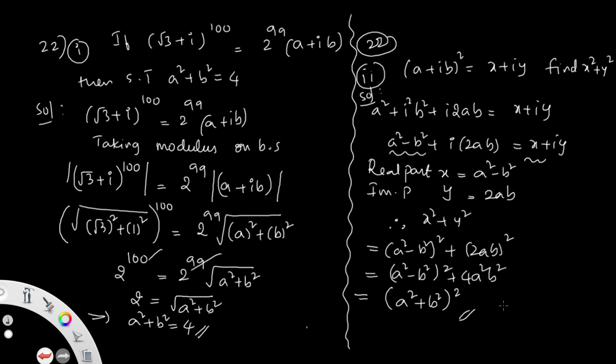All of you please make a note. The last question is remaining. Describe geometrically the following subsets of C: modulus of z minus 1 plus i equals 1.